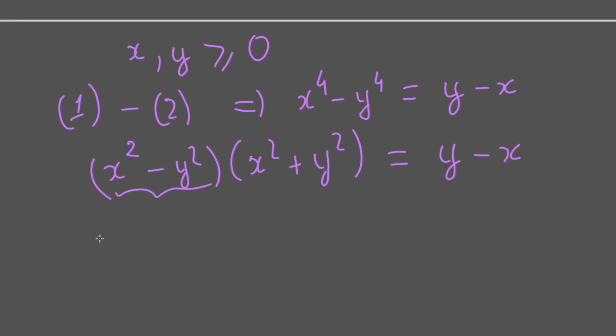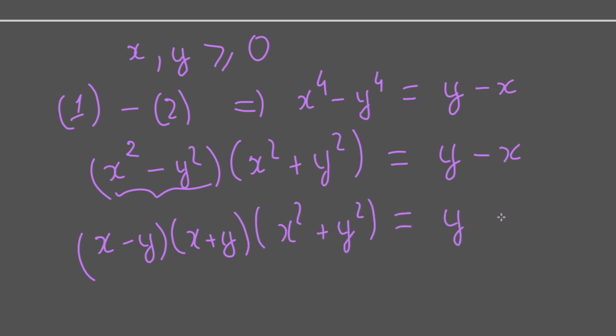Similarly, x squared minus y squared equals (x minus y) multiplied by (x plus y). Then we have the similar factor on both sides, which is x minus y.